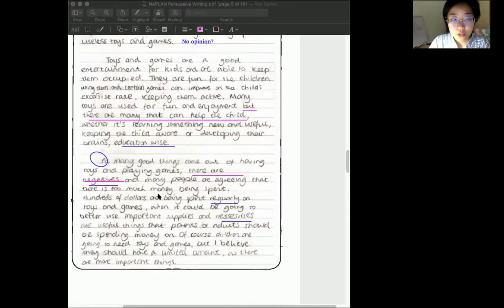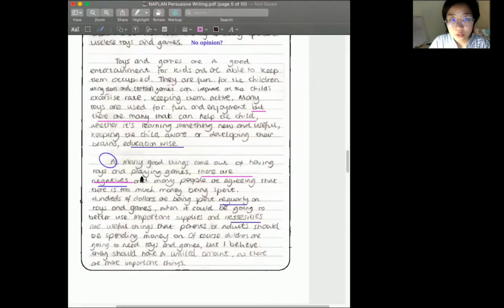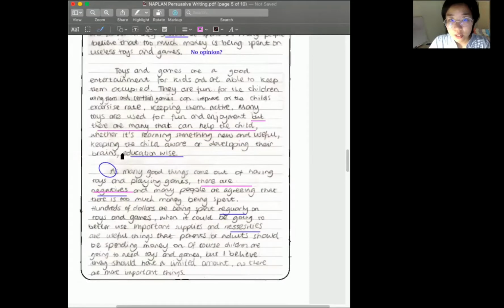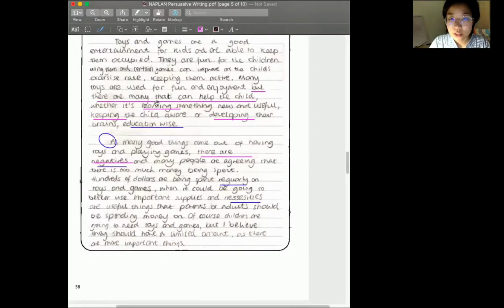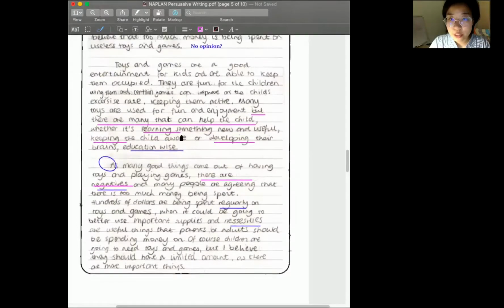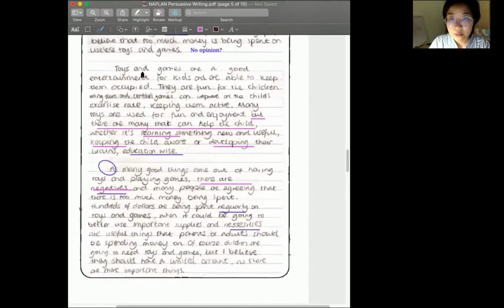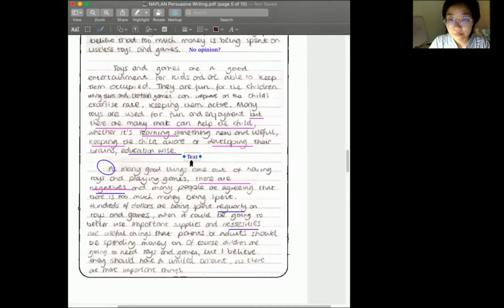Also, it used tricolons. So what is a tricolon? For example, "whether it's learning something new and useful, keeping the child aware, or developing their brains." So you can see three verbs in the ing form.